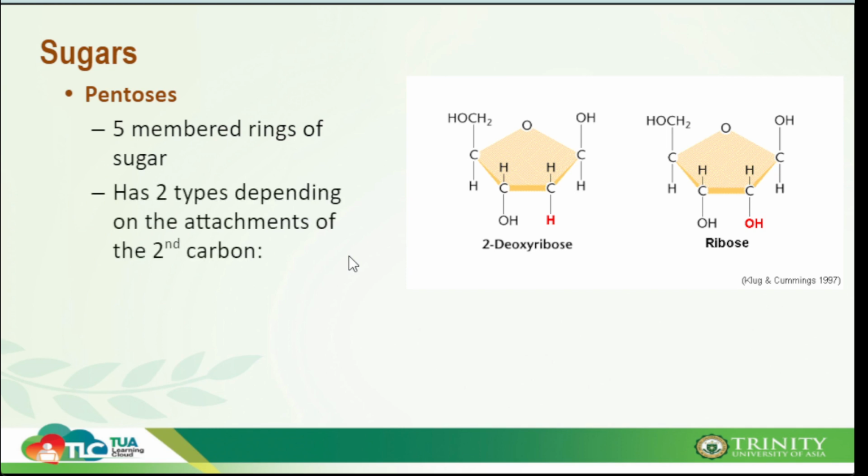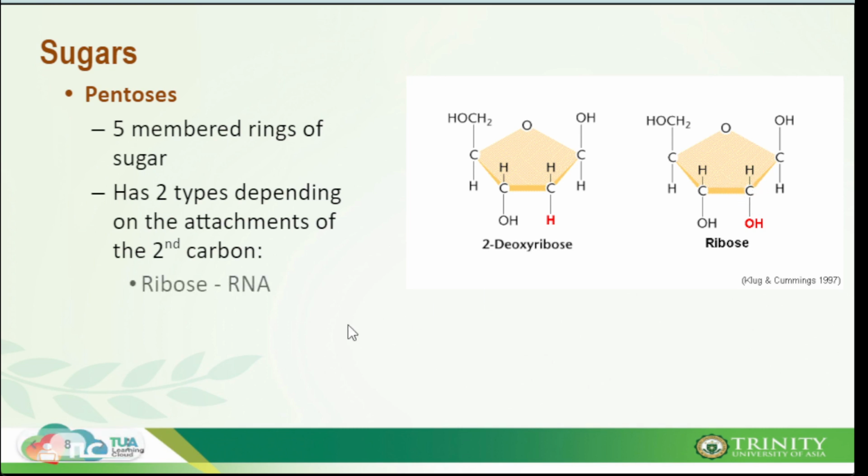Okay? Now, what is the difference between these two sugars that make up your RNA and DNA? It is the attachment on the second carbon. So as you can see here, it's already in red. This is your second carbon.